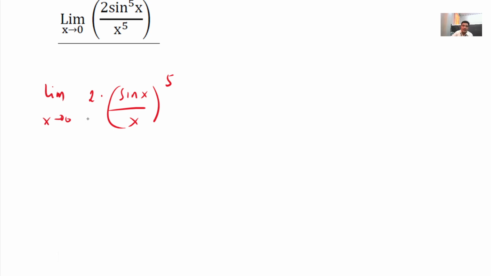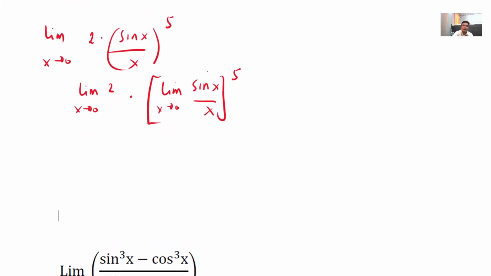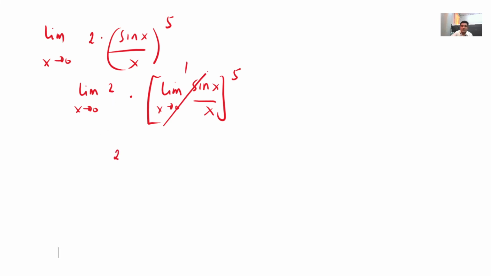So if we write natin class, ang constant, diba, limit of 2 as x approaches 0 times the limit of sine x all over x as x approaches 0 to the fifth power. Laws of limits yan. Diba? And sabi ng theorem natin, this is equal to 1. So, limit of a constant is still the constant. So, that is 2 times 1 to the fifth. So, that is equal to 2.